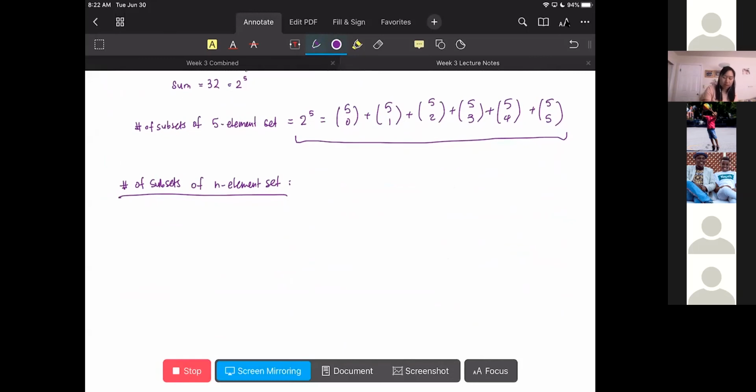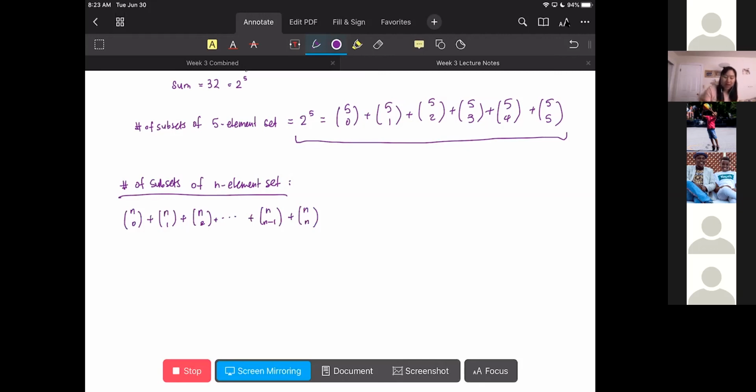So if we count it that way, then we have n choose 0 plus n choose 1 plus n choose 2, all the way to n choose n minus 1, n choose n. Does everyone see why that's the case? We're just generalizing what we did above. Any questions?